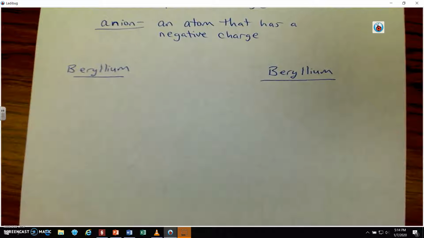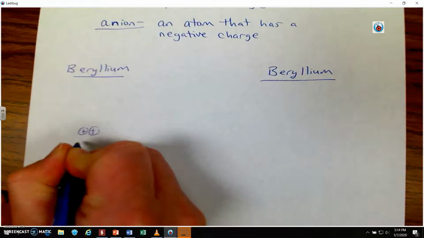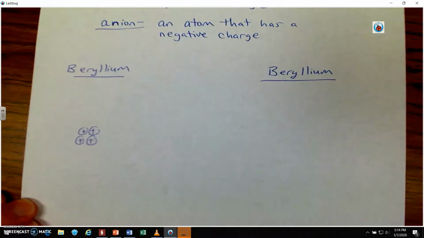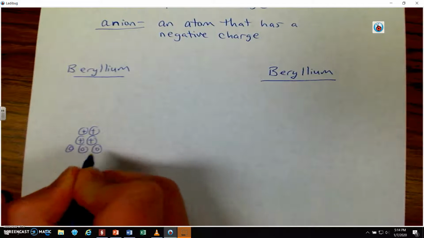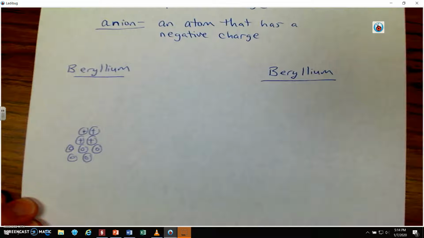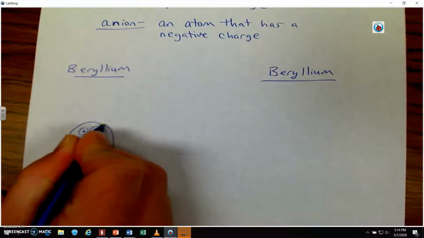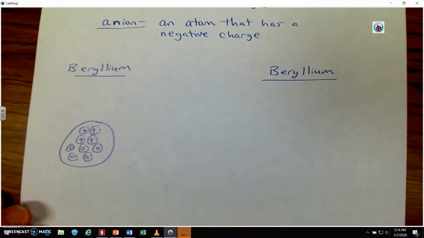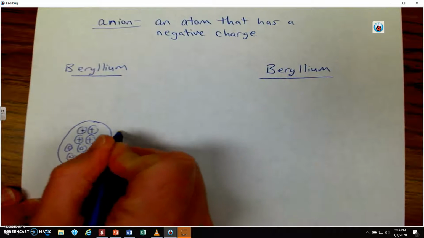If you'll recall, beryllium has 4 protons and it has 5 neutrons, and those are going to be in the nucleus. And now, just like with our neutral atom, we're going to draw 2 dotted circles around the nucleus.